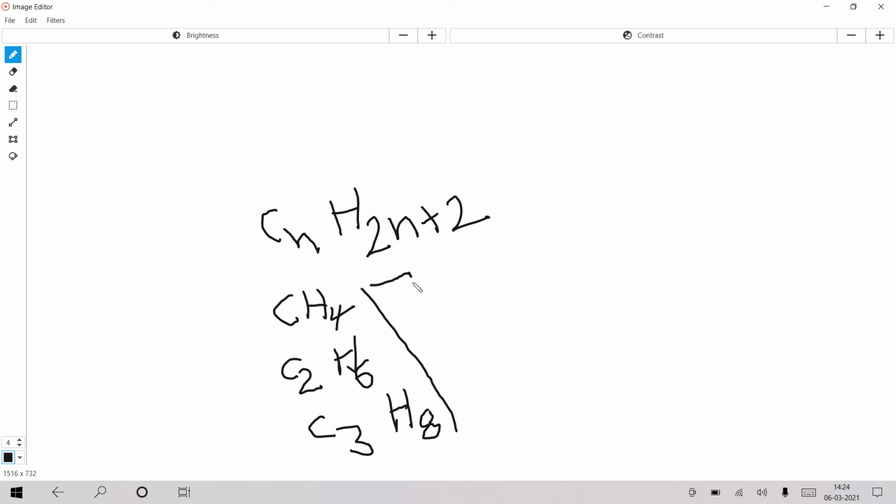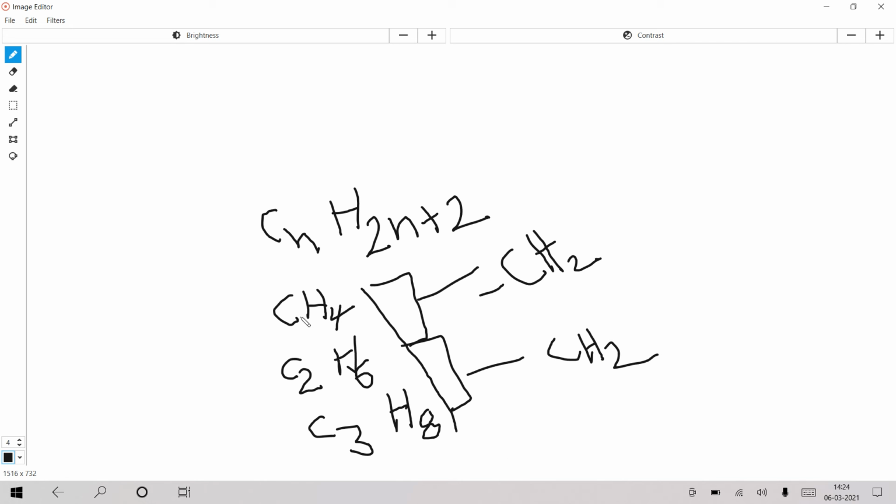If you compare two compounds in the series, methane and ethane, the difference in molecular formula is one CH2 unit. Is it not? If you compare the next two, these also have one CH2 unit difference.